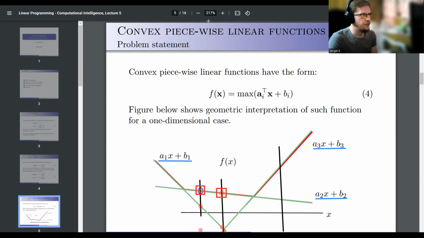Again, our three lines have three different values. Line number 2 has a value here. Line number 3 has a value here. Line number 1 has a value somewhere downstairs. Again, we have a clear winner. So the value that the function will attain is this guy. You can see that this max over three lines naturally gives us this shape. Well, let me draw it in bold. This shape.